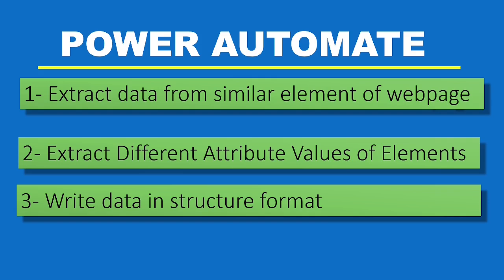Generally in this scenario we will take a selector and loop by moving to the next element. But in Power Automate, there is a very simple solution. Here we will use the extract data from web page action and we will get the data in a structured way, and after that I will show you how to write that data in Excel.